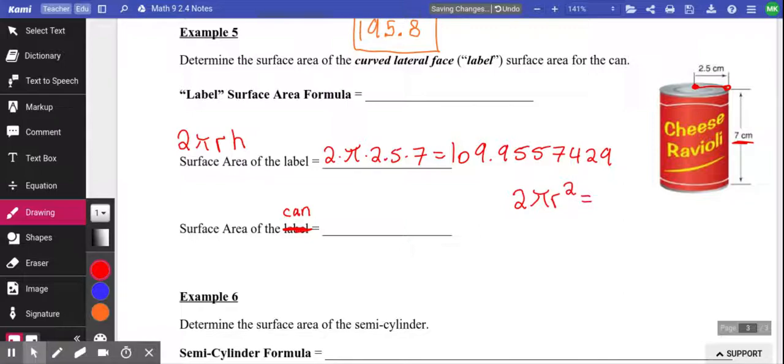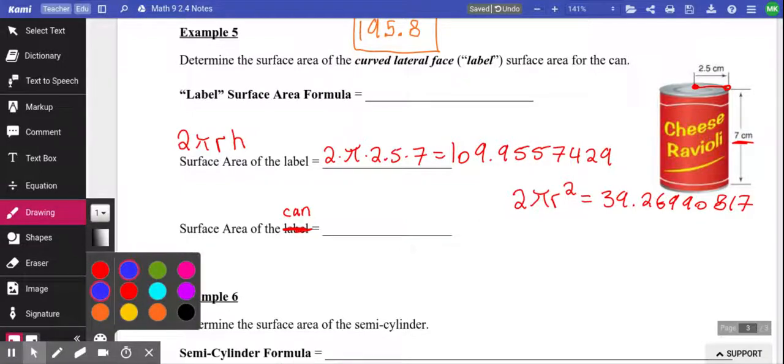If you put that in your calculator, 2 times pi times r squared, you would get 39.26990817. The entire area of the can is the 2 things added together to get a final answer in blue of 149.2.